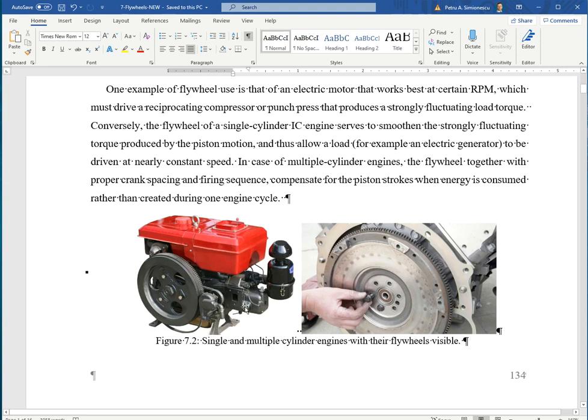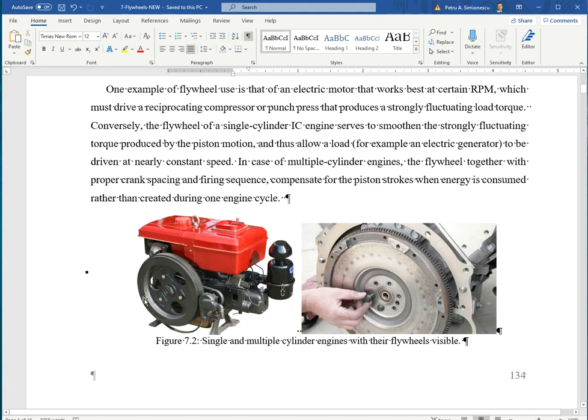So in a 4-stroke engine, there will be just half a turn out of 2 full turns that work is produced. So during that period, the flywheel is accelerating, and then the rest, during non-powering strokes, you have energy coming from the flywheel, and the RPM of the crankshaft will be maintained about or closer to constant by the use of the flywheel.